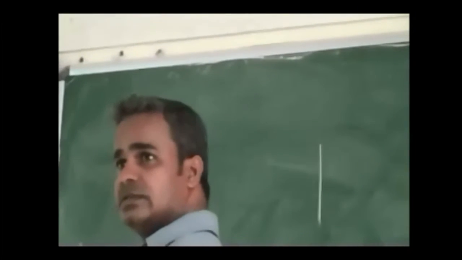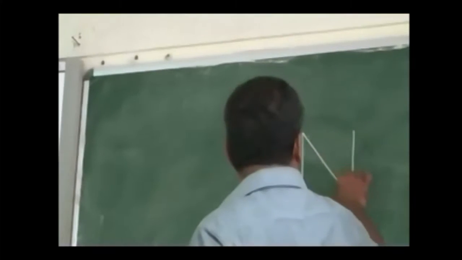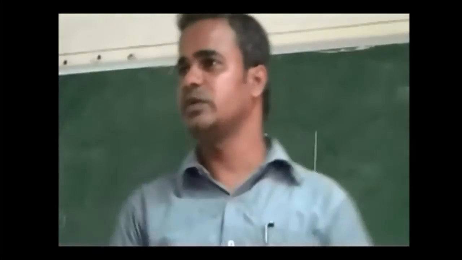Suppose I have a vertical line like this, another vertical line, and another vertical line. If I join these two vertical lines with a slant line, what do you call this? This is N, right?